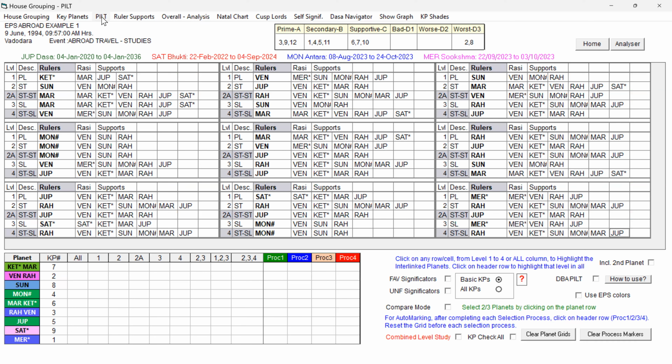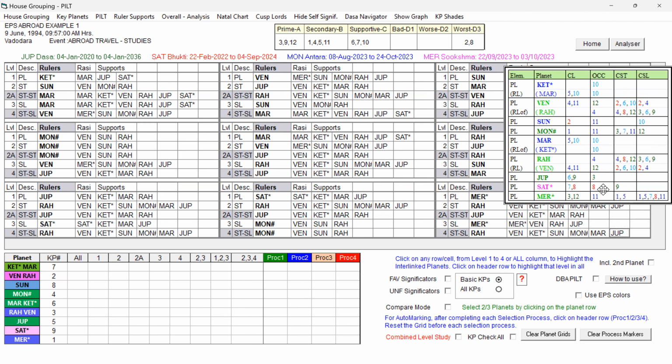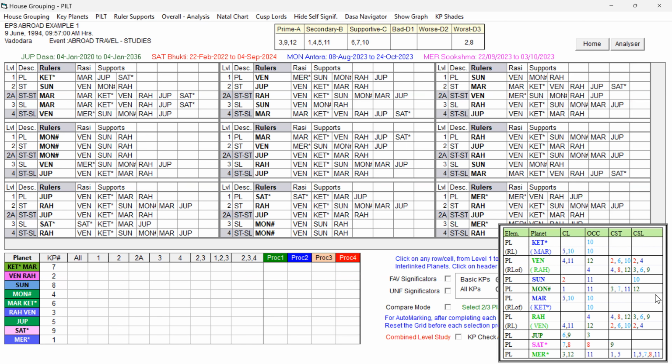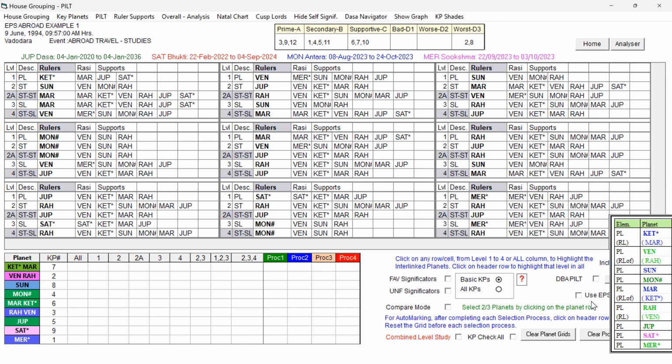So the same color shades we can use here, or we can use the key planet shades also, whatever the software is giving by program, or you can use the same colors we have selected in the EPS table study.